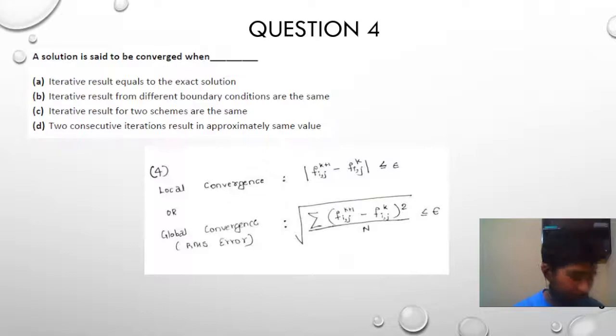That is the error. You can also fix the pressure value at outlet, and otherwise there is another thing called relative error, wherein you take Fij k plus 1 minus Fij k divided by Fij k plus 1, into 100. That is also a very good strategy.